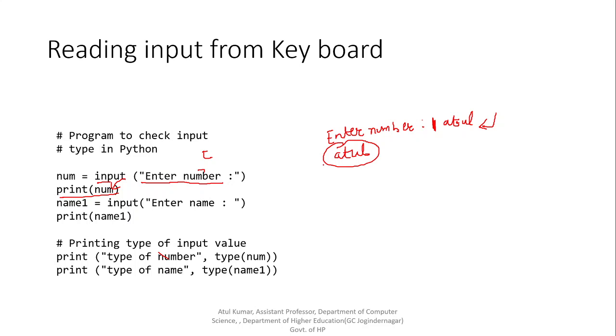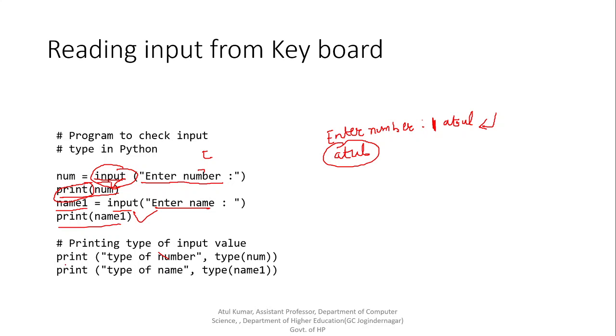To read an input from the keyboard you need the input function, and to display anything on the screen, the print function is used. The next statement is name1 equal to input, enter name, and then we print name. It will print the name I have entered through the keyboard.